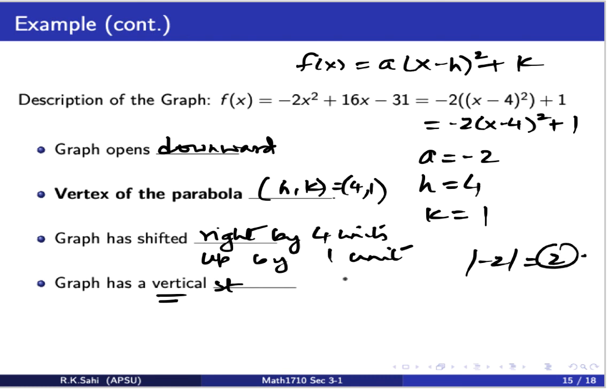So it is a stretch. The minus always reflects whether the graph opens upwards or downward. When you're looking at the stretches, you look at the absolute value of A. So it has a vertical stretch by a factor of 2.